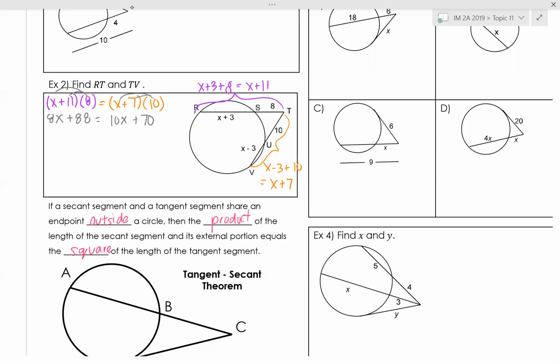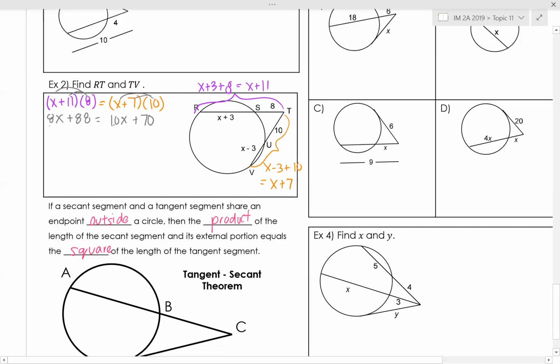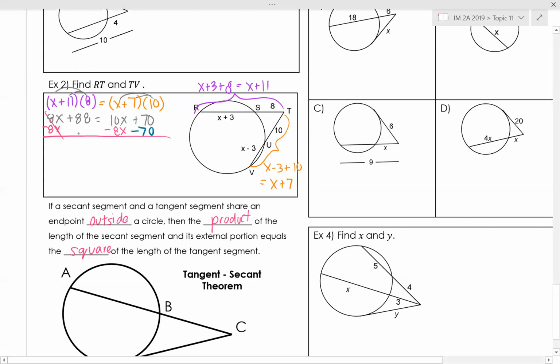Since there's an x on both sides, we're going to need to move the variables to one side and the constants to the other. Since 8 and 10 is larger, let's subtract 8x from both sides to keep things positive. And then since we're moving the 8x from the left, we want to move the 70 from the right so that our constants are only on the left side. Okay, so 88 - 70 is going to give us 18.